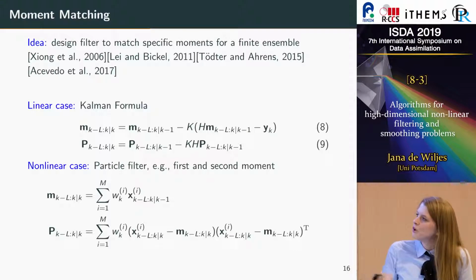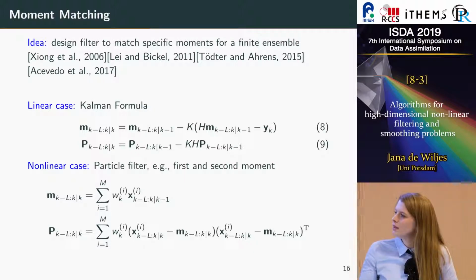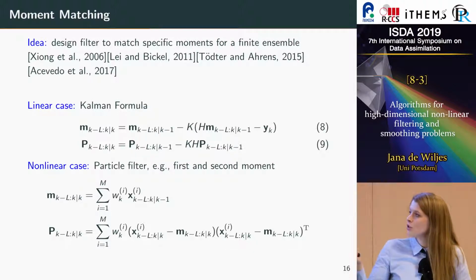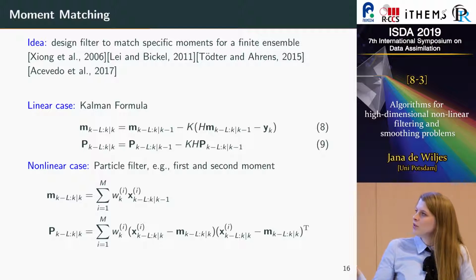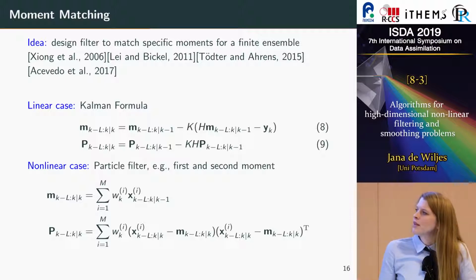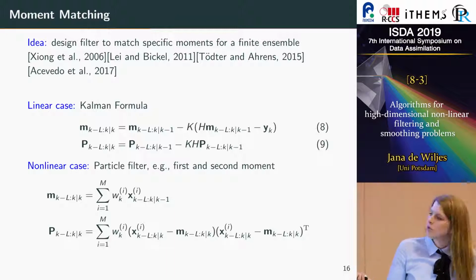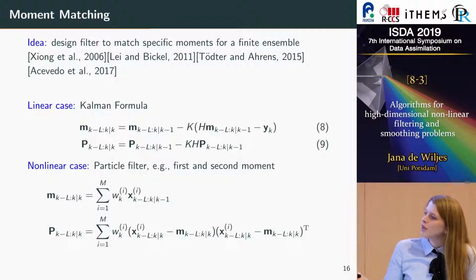And here we wanted to do adaptive spread correction by looking into moment matching, which is a typical thing done in many filters, either for matching to the Kalman formulas or like the nonlinear ensemble transform smoothers matching to the first two moments of the particle filter. This is exactly what we're going to do. We're going to match to the second moment and assume that we already have the first moment.